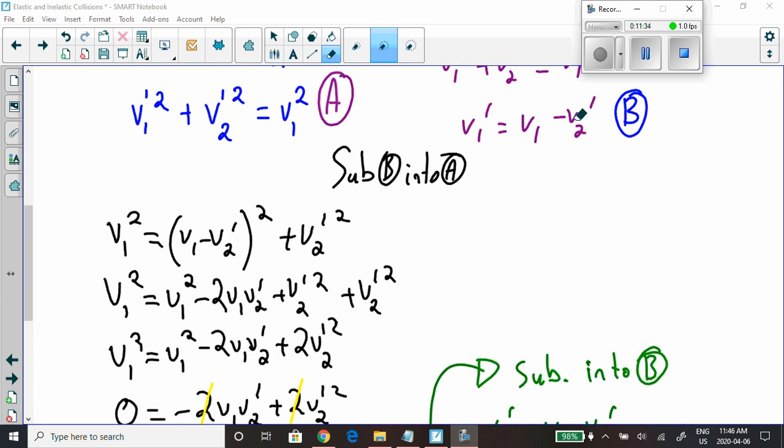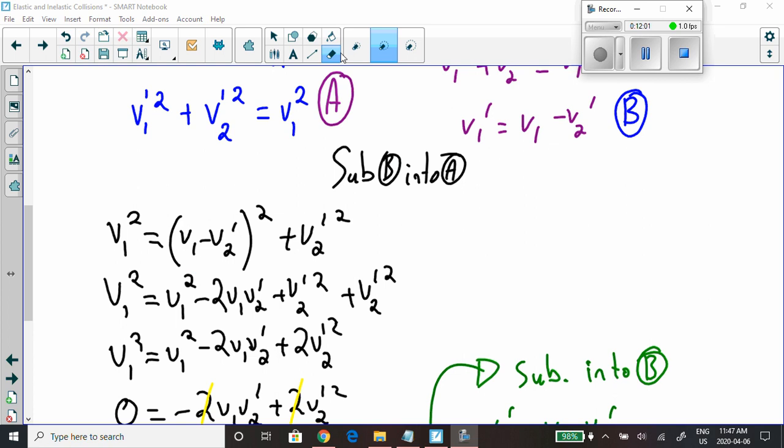So let's do this. What do we got in equation A? v1 squared. What's v1 squared equal to? Well, it's equal to v1 prime squared. I'm going to replace it with v1 minus v2 prime, all squared, because I know they're equal. And then plus v2 prime squared, it just stays along for the ride. So I've made this substitution right there.